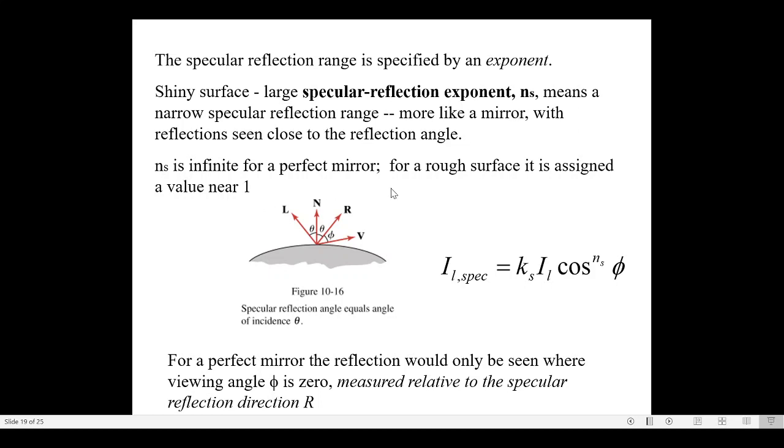So ns is infinite for a perfect mirror, and for a rough surface its value is near 1. Specular reflection can be given by ks into Il into cos phi raised to ns. This ns factor is very important. For a shiny surface, ns should be very high. If it has a low value, then the brightness is going to reduce as ns reduces to 1.